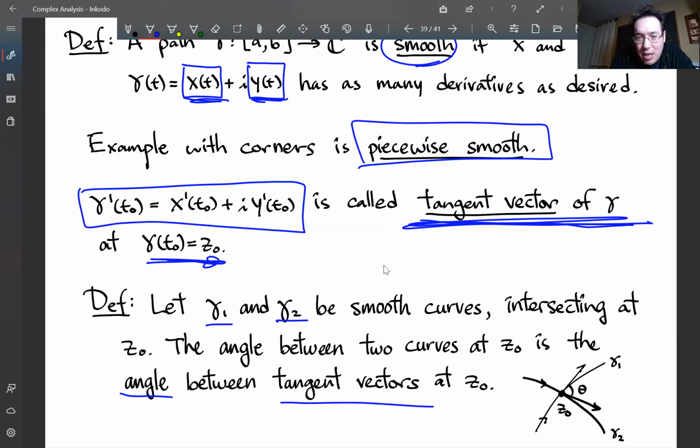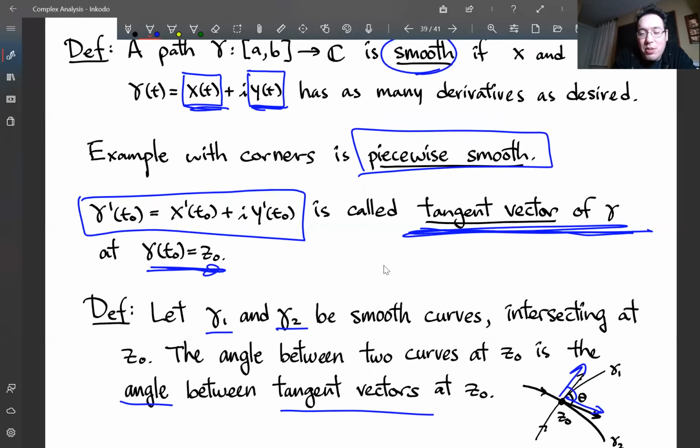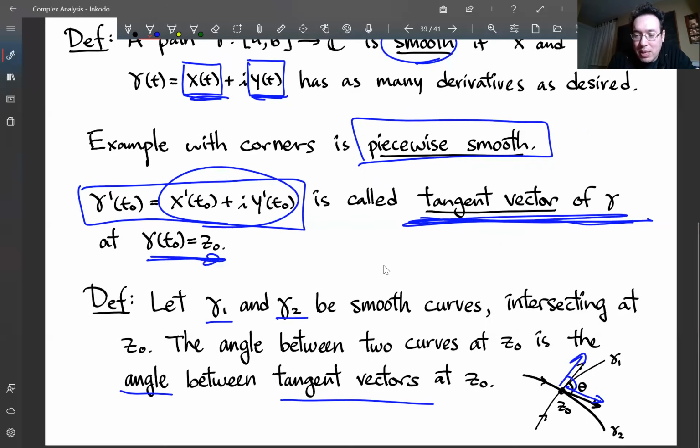So here, this is the tangent vector for the first curve, gamma 1. That's the tangent vector for gamma 2. And you find the angle between those 2 vectors. I say vectors, but these could be interpreted as a complex number as well, where the real part is the first component and the imaginary part is the second component.